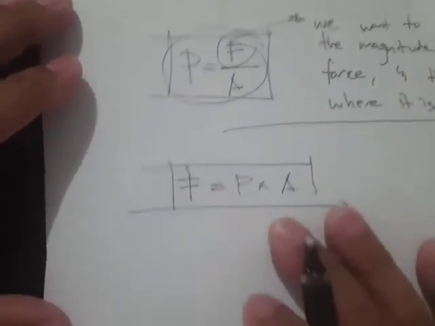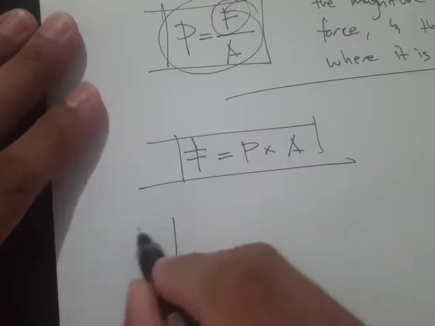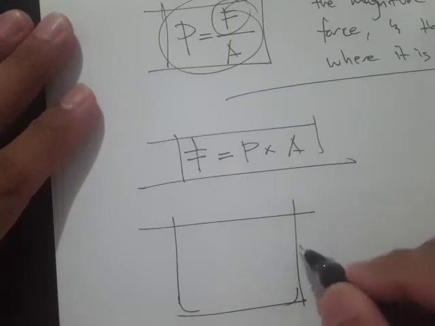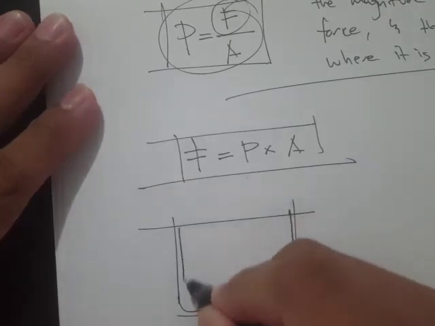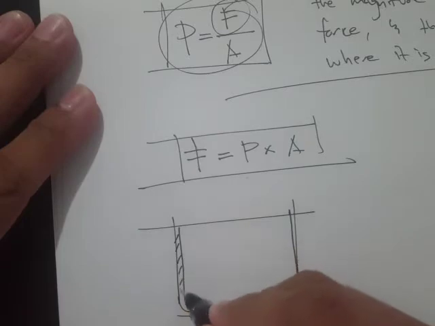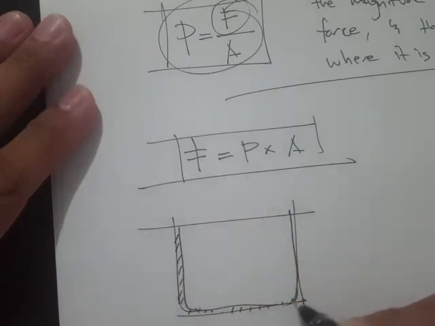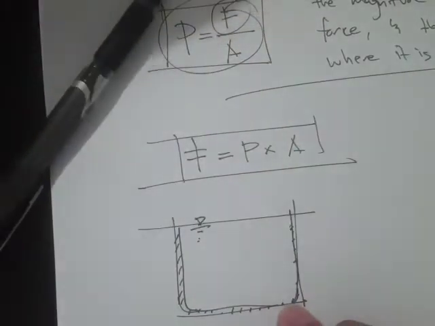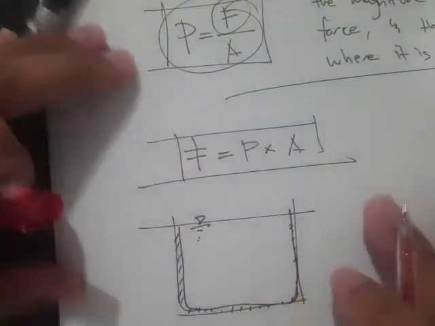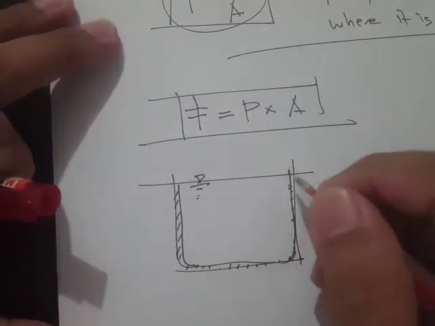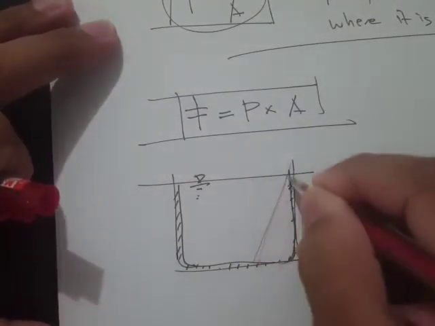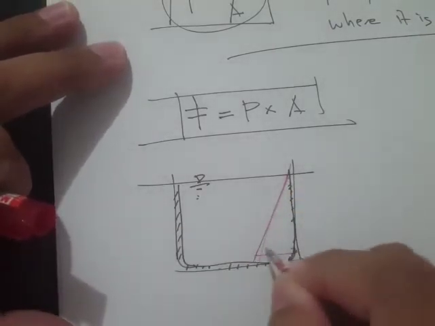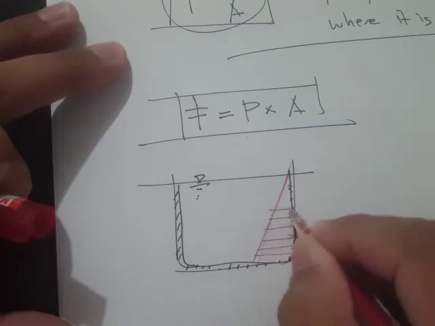Okay, so now let's draw an example of, let's say, the storage vessels. These storage vessels, let's say we have this solid boundary, and we have already learned that the pressure distribution along the y direction is a linearly varying function, right?